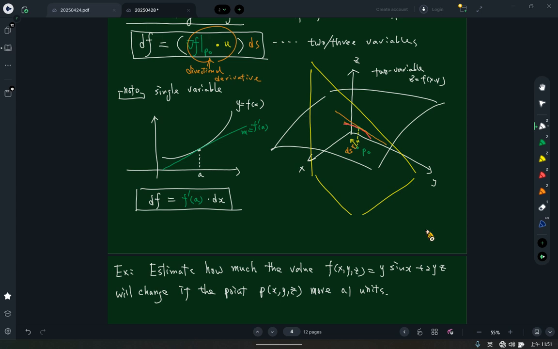Okay, so here you can map to this surface.